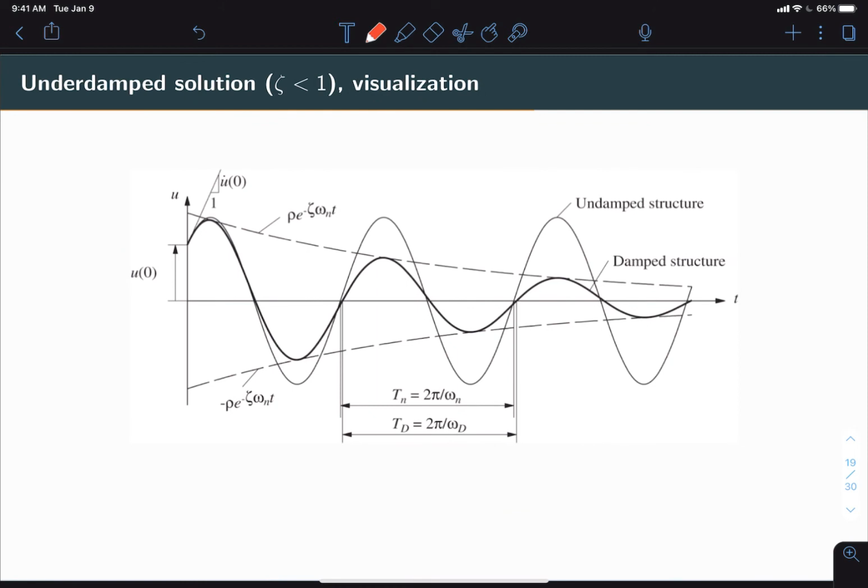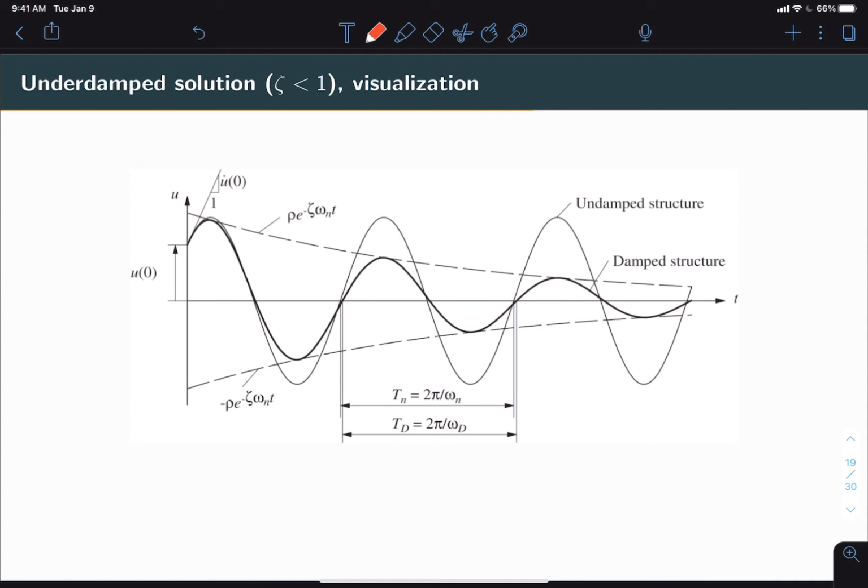All right, so now let's visualize that solution and compare it to the undamped structure. So in the thick solid line, we have the damped structural response. In the thin solid line, we have the undamped response.